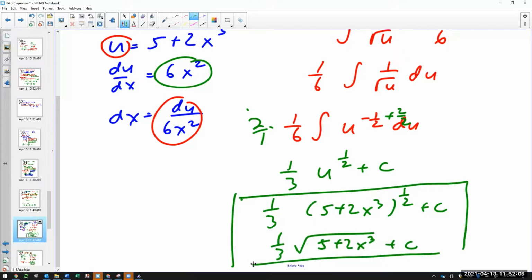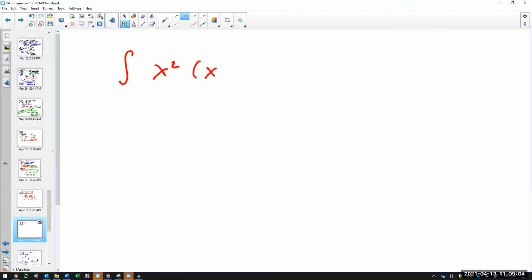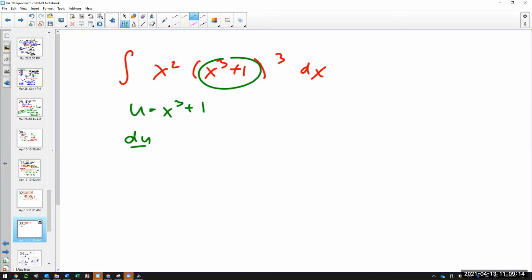Okay, so this is not your answer, but your number 13 is similar to it. Same problem. What you do is you set your u equal to usually your parentheses. Then you do the derivative of both sides. Then you solve for dx. This is not your exact problem, but it's similar to 14.